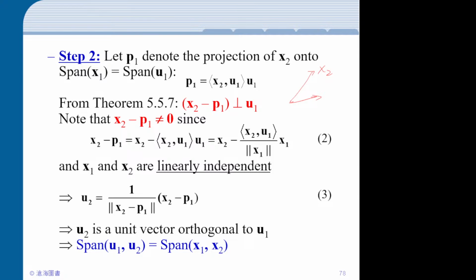So first you find the orthogonal projection of x2 onto u1. What you want is to get rid of the component of x2 that's in the same direction as u1, and find the remaining part.